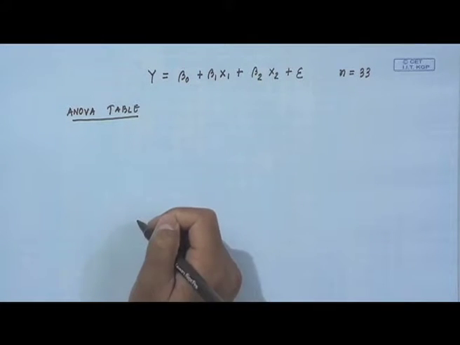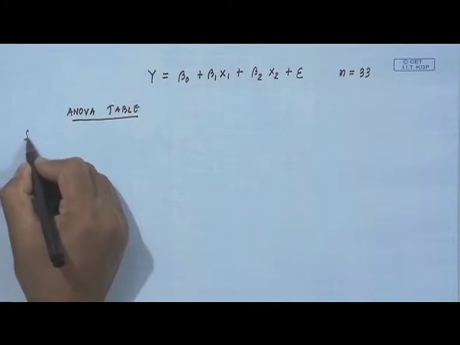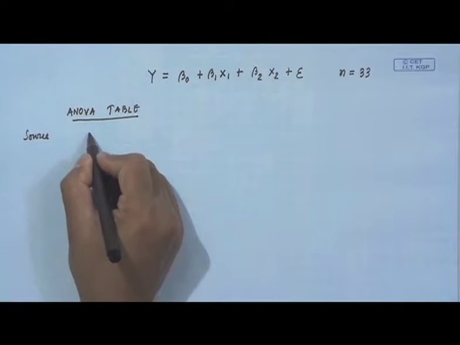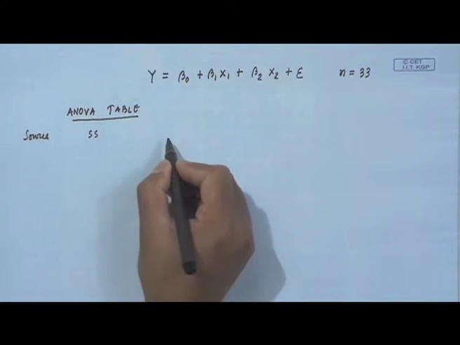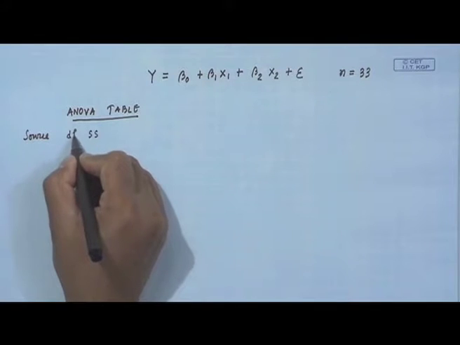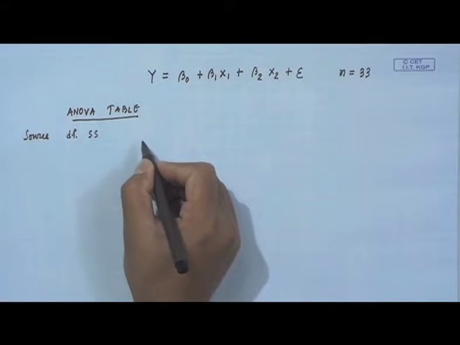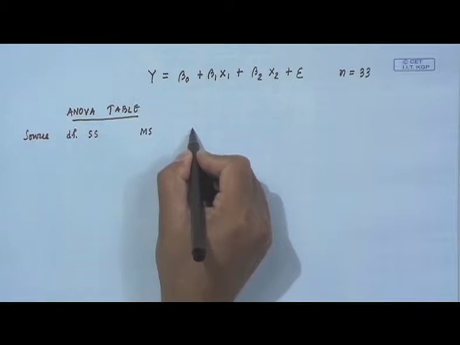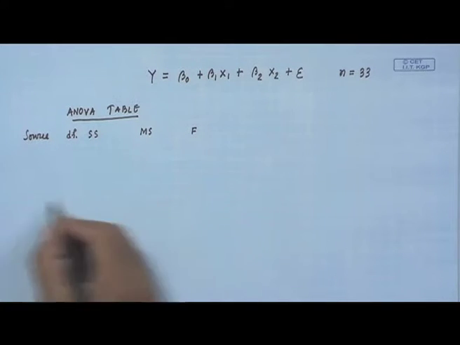Okay. Source, sum of square, degree of freedom, and MS and the F statistic. Okay.